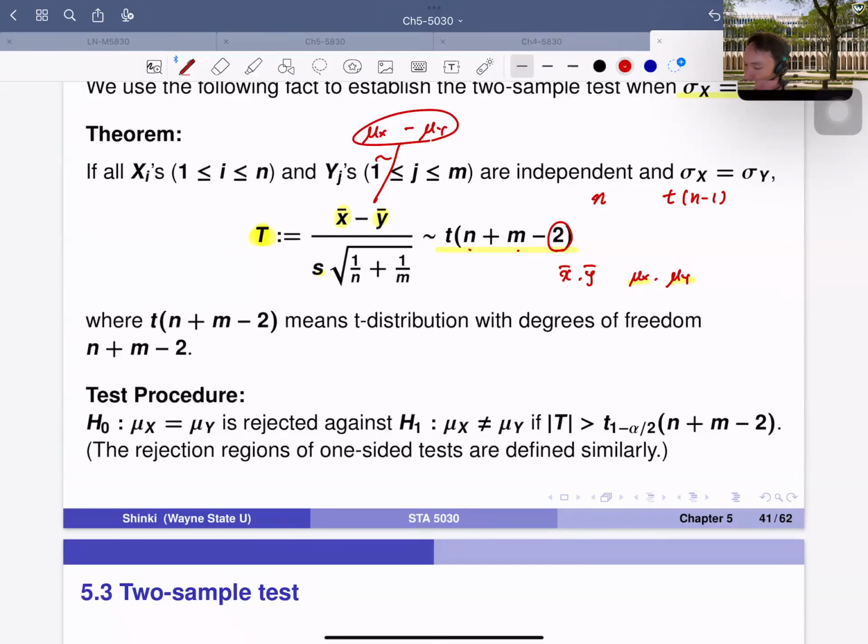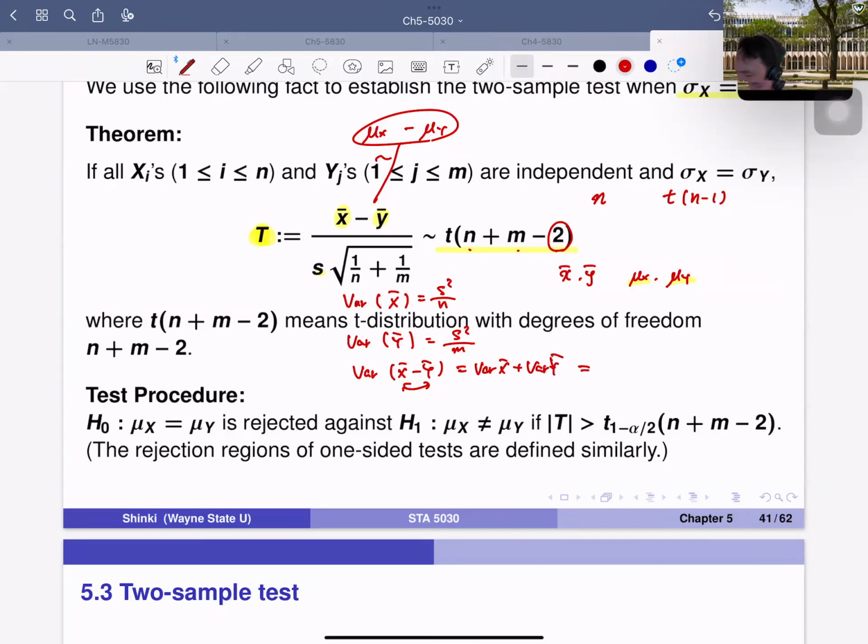So the variance of x bar is equal to s squared over n, and the variance of y bar is s squared over m. Right? So the variance of x bar minus y bar: our assumption is that these observations are independent. If x and y are independent, then this is the variance of x bar plus the variance of y bar.